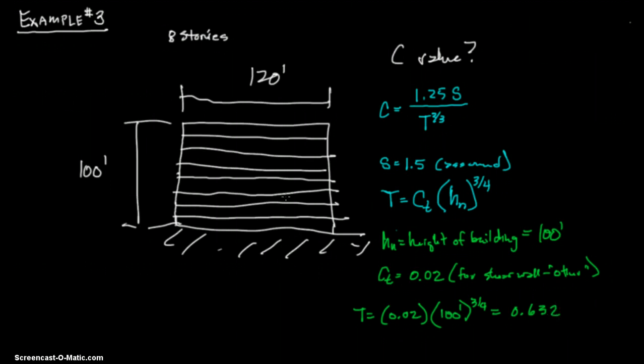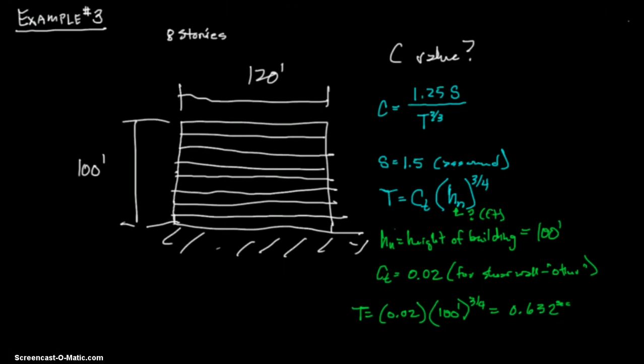And one thing I would want to make sure on is units. You need to figure out what your units are, and you need to make sure that this HN is actually in feet. And that will give you T in seconds, which doesn't really match up to say, oh, well, that makes a lot of sense.